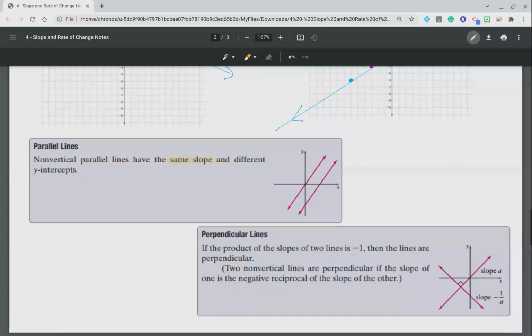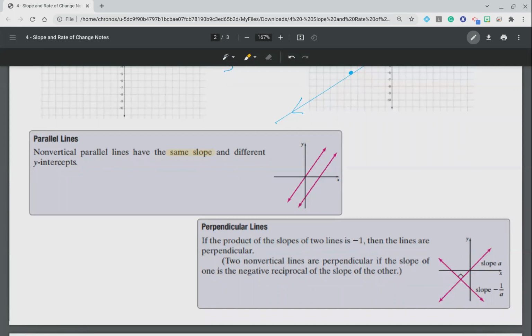Perpendicular lines, however, have slopes that multiply to equal -1. So what that means is here they give us just an example slope of A and a slope of -1 over A. A times -1 over A, if I multiply those together, I get A over -A, which gives me -1.